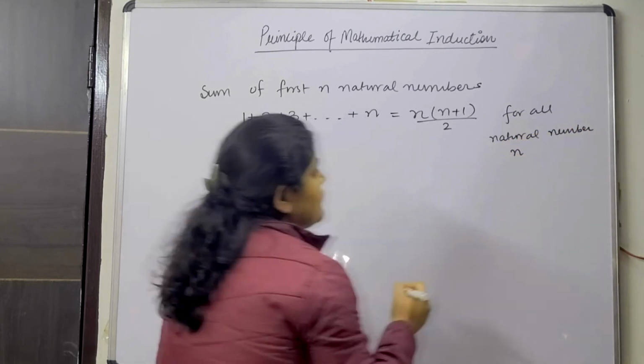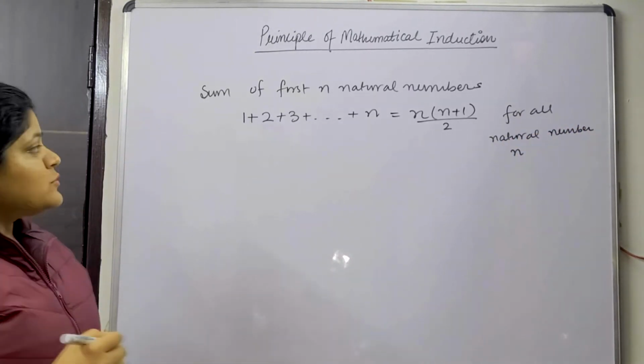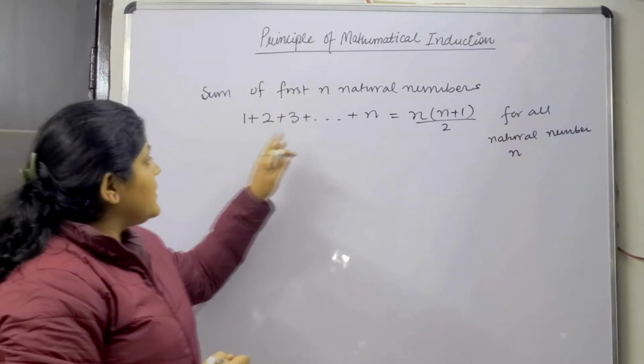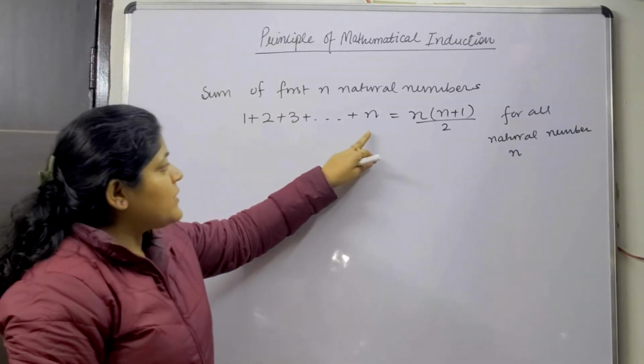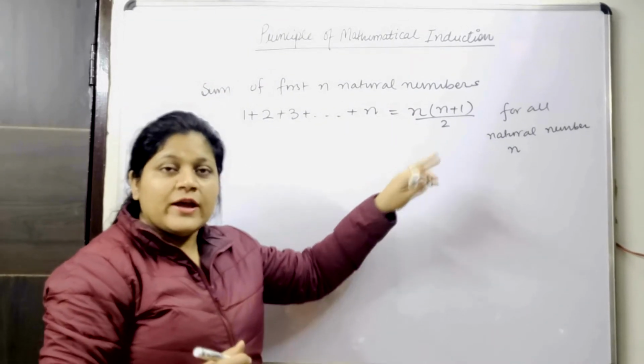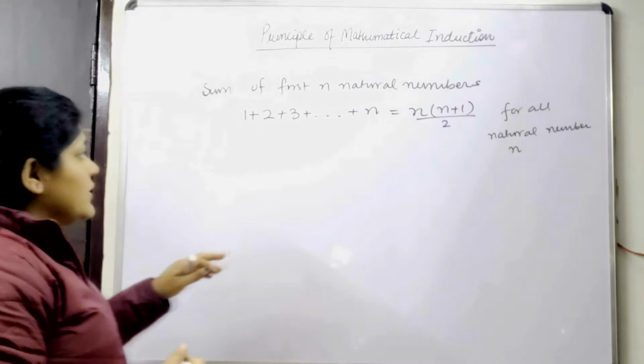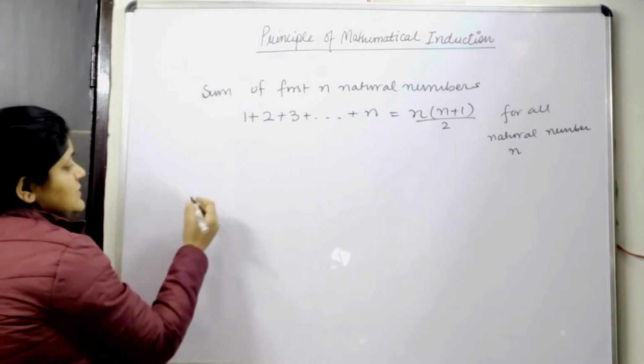This result is true for all natural numbers n. So basically we have this statement that the sum of the first n natural numbers is equal to n(n plus 1) over 2, and this result holds for any natural number n. So we can see what it means.